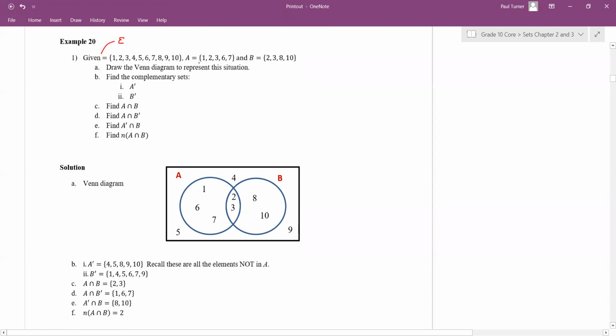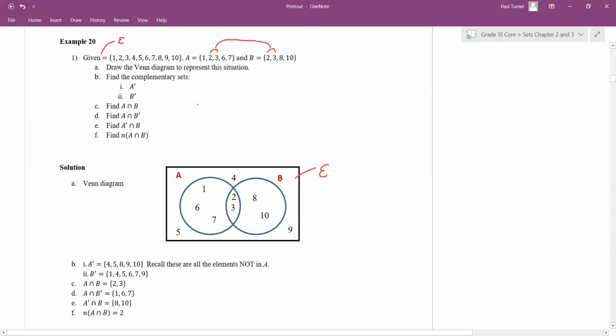Set A is 1, 2, 3, 6, 7. Set B is 2, 3, 8, 10. So we have a square. I didn't write that. That's your universe. Everything inside this rectangle is the universe, 1 to 10. Now look at set A: 1, 2, 3, 6, 7. But notice how 2 and 3 are in both.